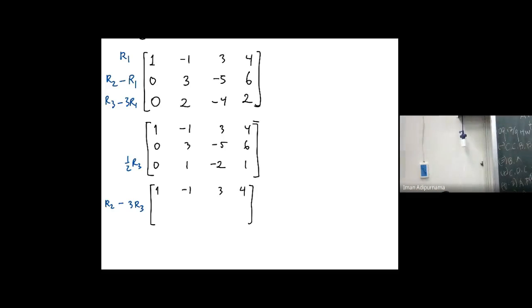Another matrix. The first one is still the same. The second one, R2 minus 3R3. Meaning this is from the previous one. So R2 is here, minus here. Okay.